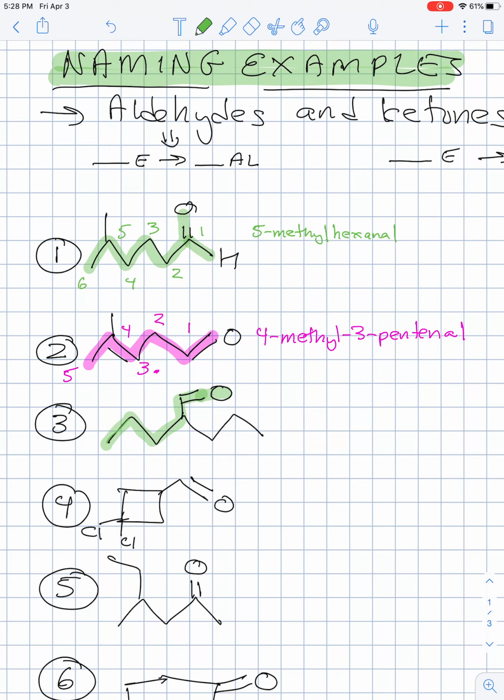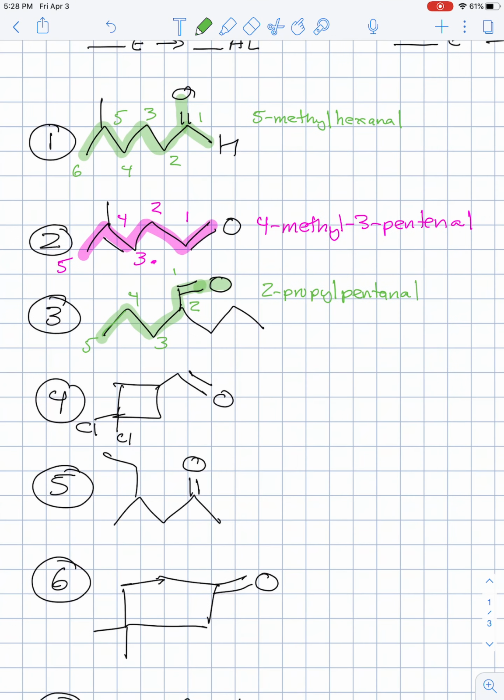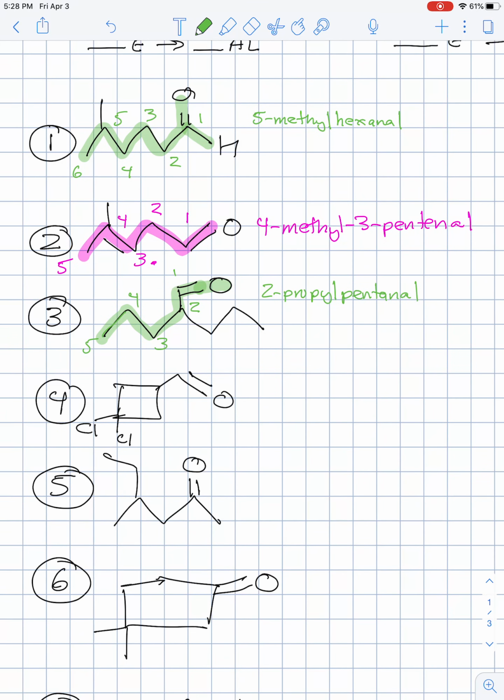But remember that the parent chain is the longest chain that includes the main functional group. So we'll go 1, 2, 3, 4, 5. It doesn't matter whether we do that or we go off to the right in this particular case, same number of carbons. So now we have 2-propylpentanal. So not so bad.